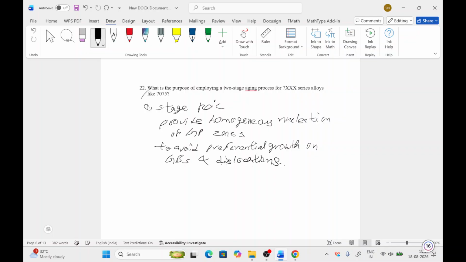So to avoid this preferential growth, we first provide homogeneous nucleation at 120 degrees Celsius, and in the second stage at a higher temperature, 160 to 175 degrees Celsius, these precipitates coarsen to form the equilibrium phase.